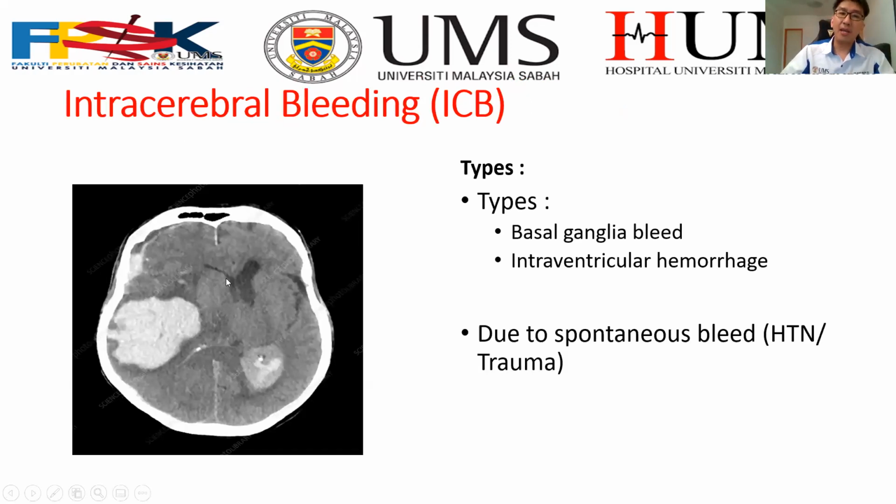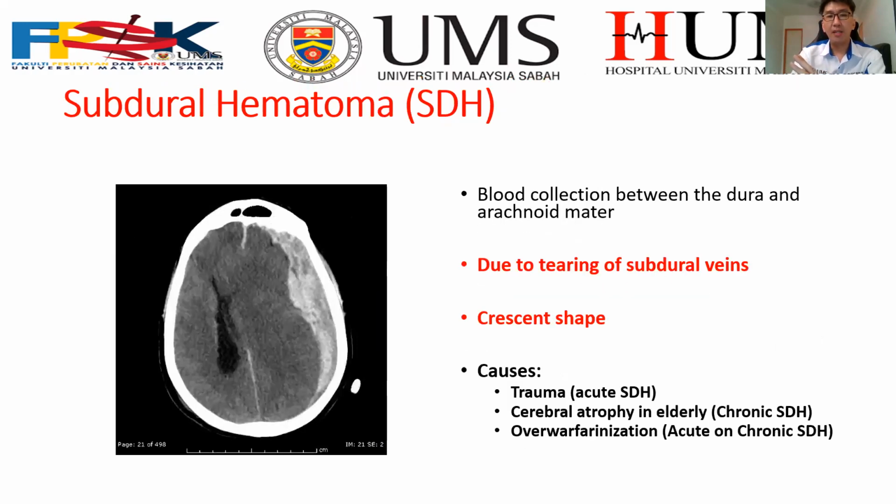Like in this case, you can see there's a midline shift. This is the midline, and you can see that the lateral ventricle is compressed and shifted to the opposite side. So there is a massive effect on the brain, causing it to be massively shifted to the opposite side.